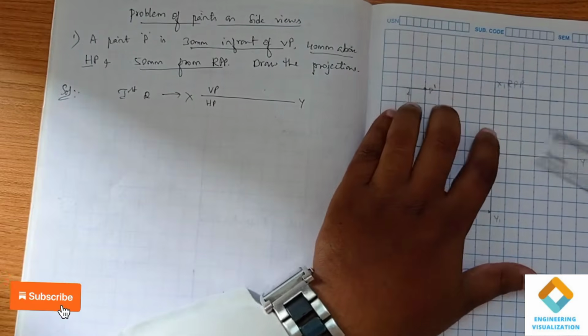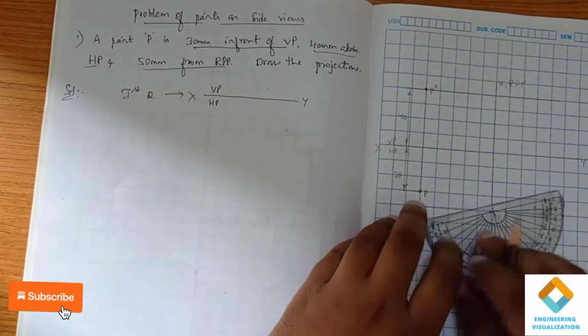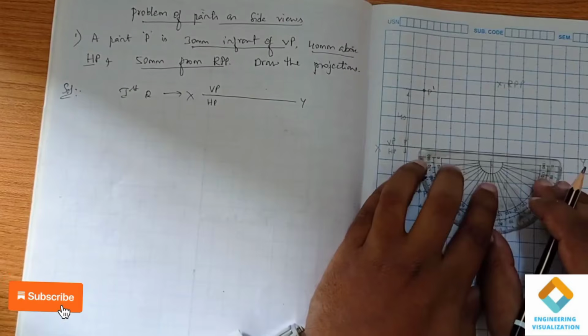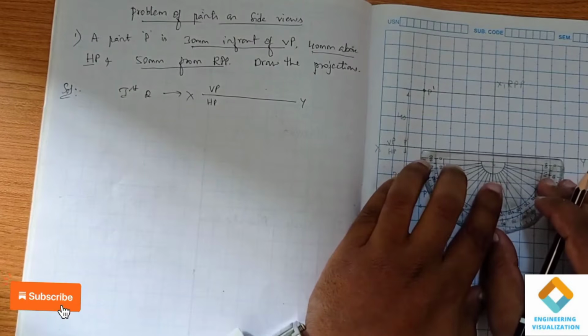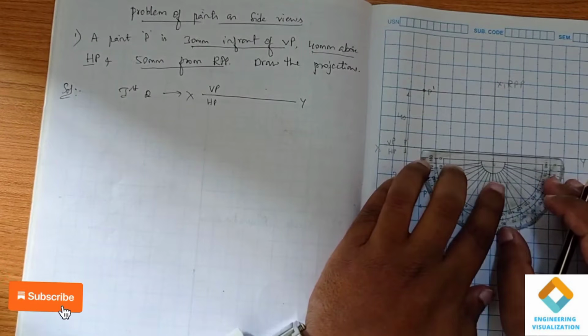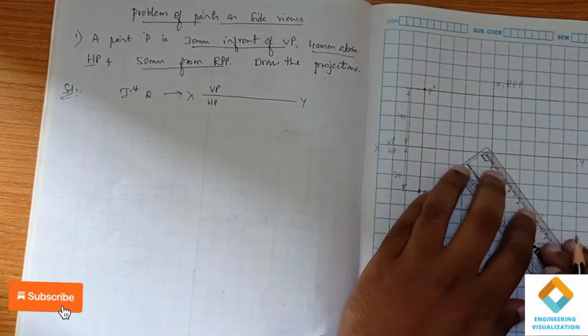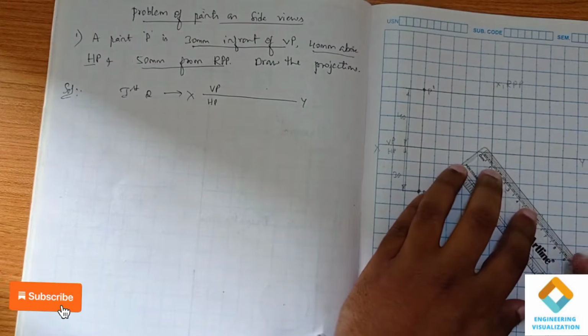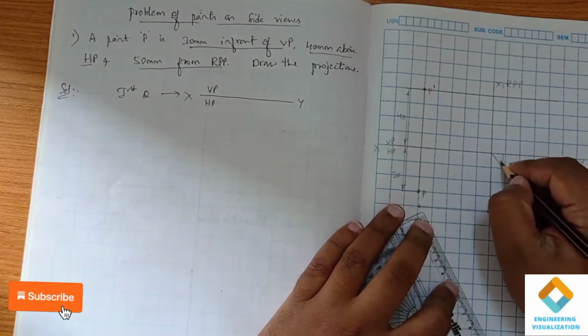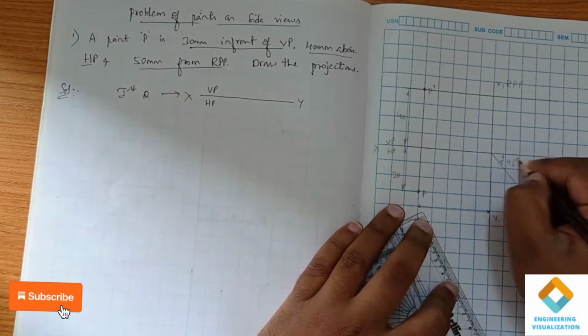Now we know that the side view will be adjacent to this front view. So we draw a straight line. After this we have to draw a 45-degree angle line here, in order to connect the top view with the side view. So that is 0, 10, 20, 30, 40, 45. So mark a point, then draw a straight line. This is your 45-degree angle line.